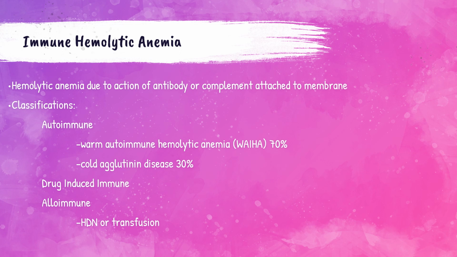And when I say transfusion, I mean a blood transfusion, so they're getting a donated unit of blood. Their body develops an antibody directed towards that foreign antigen, and when they're exposed again to that foreign antigen, that antibody launches an attack on it. So those are the different classifications of immune hemolytic anemias, and I'll discuss each one of these later on within this presentation.